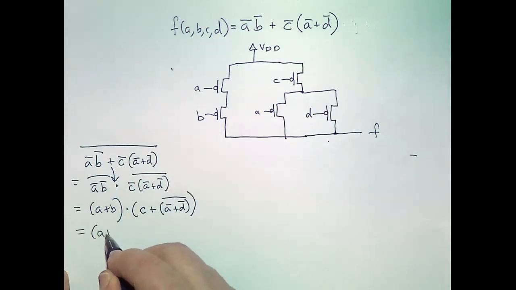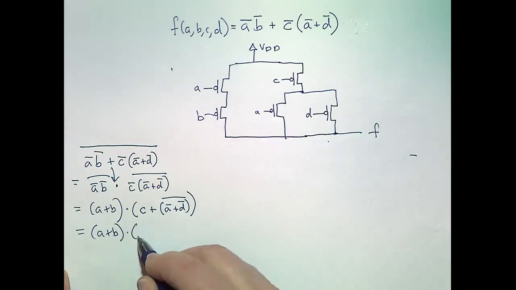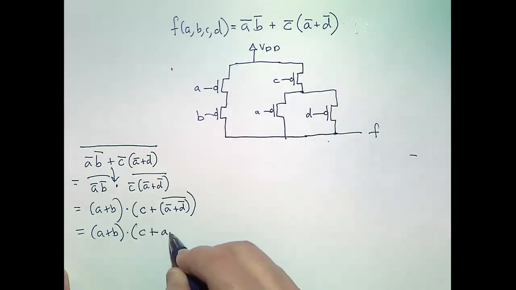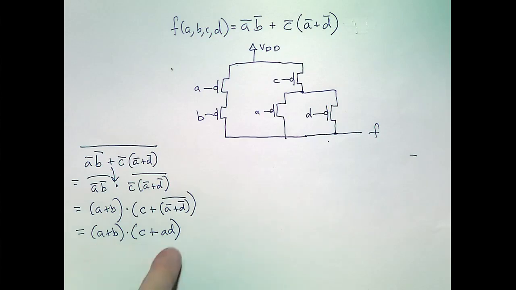Okay, so we have A plus B, and then this is C plus AD. Okay, so this is when we want to make a connection. This expression is 1 when we want our function to be 0.